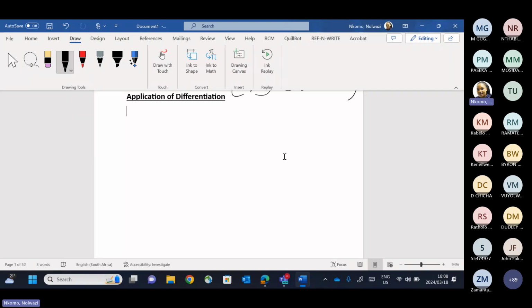that will result in the minimum profit. It helps with that. So today we are going to start with the application of those derivatives, the theory that we've been doing so far.